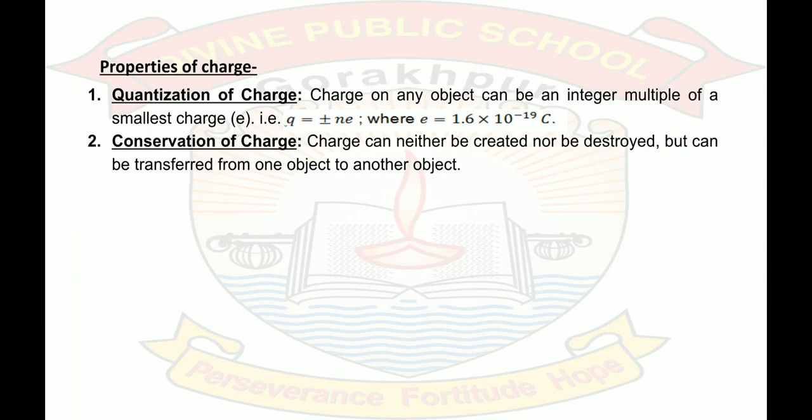It is taught in very early classes, and we all know the statement of conservation of energy: energy can neither be created nor destroyed. In the same manner, conservation of charge is also there. Charge can neither be created nor destroyed. It can be transferred from one object to another object, one body to another body.